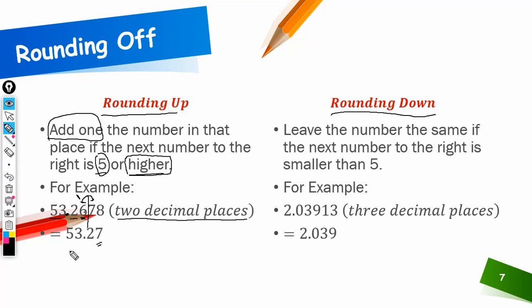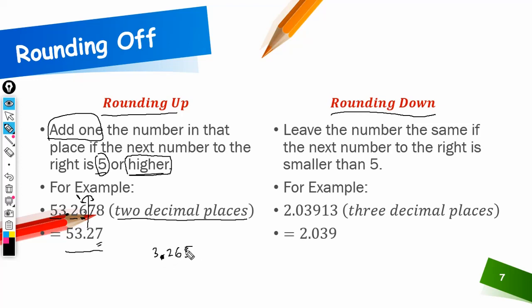So the rounding up is 53.27. What about if it's equal to 5? Kalau misalnya pas sama dengan 5. For example, 3.265.